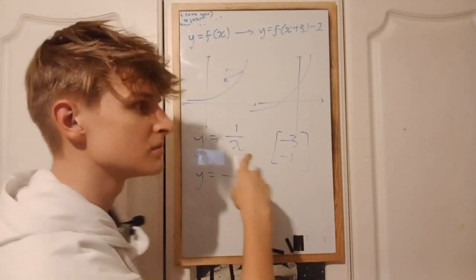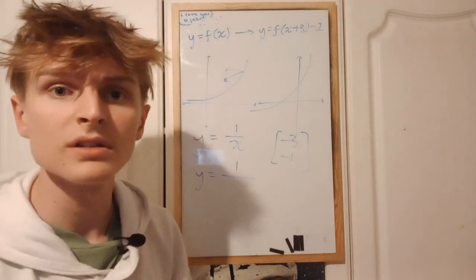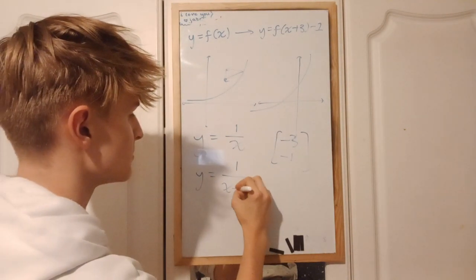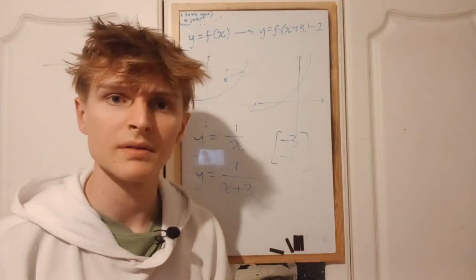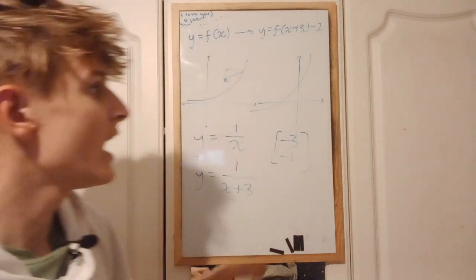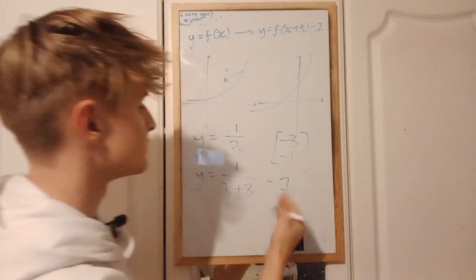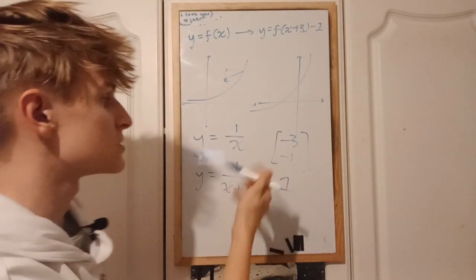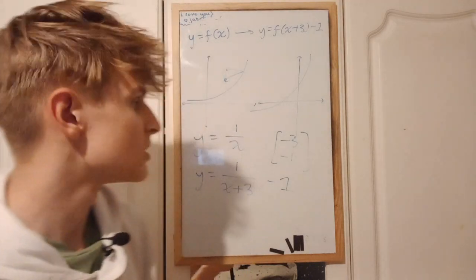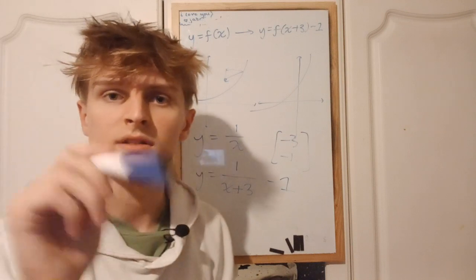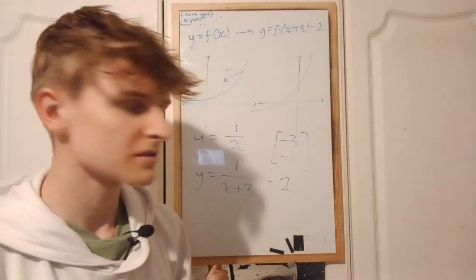First of all, we need to add 3 to the input to shift the graph along 3 units. So in other words, we need to take the input x and add 3 to it before putting it in the function, and then to the output we need to subtract 1. Boom. And there you go. That's the new equation of the graph. Beautiful. And if you don't believe me, go to Desmos, put this in, and you'll see that they're nice translations of each other. Anyway, sorry for that side note.